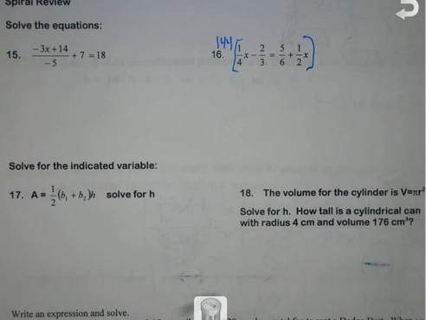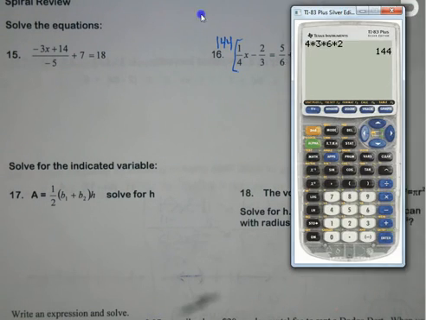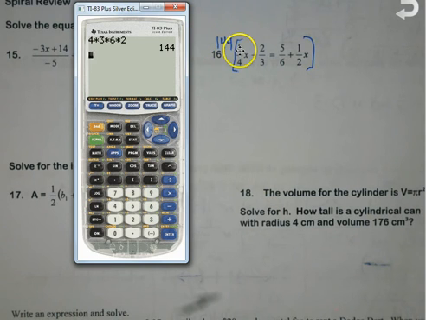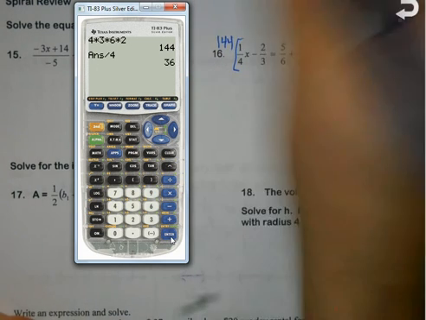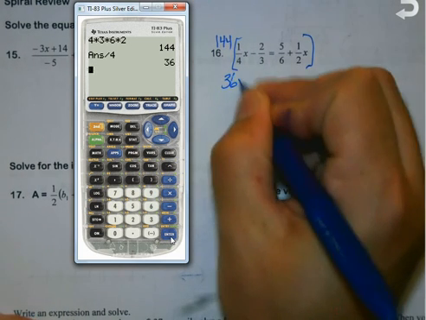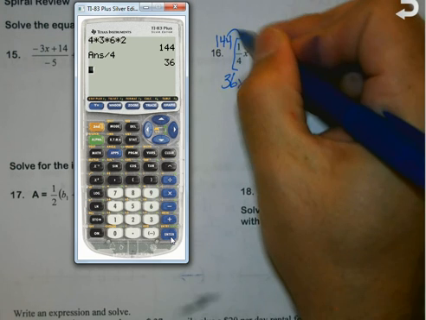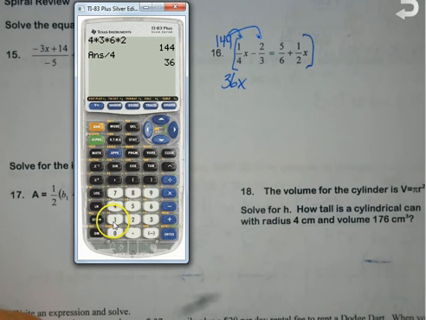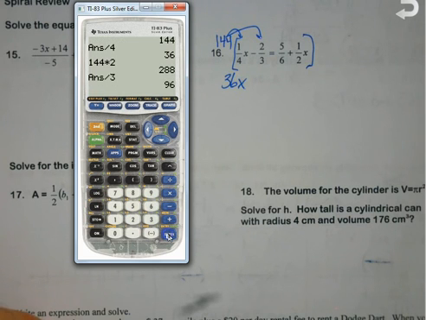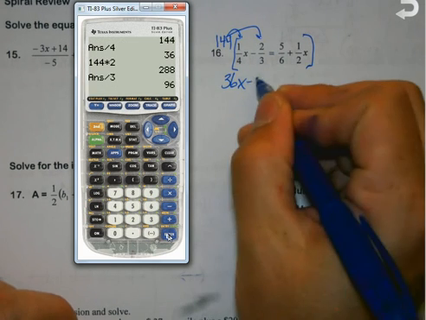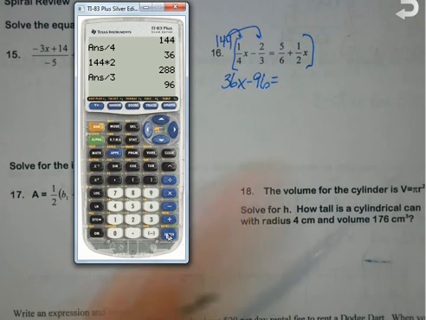So when I'm doing these, remember, all you do is you take this number times what's on top and then divide by the bottom. So 144 times 1 is 144. Divide by 4. So even if I'm using the calculator on one like this, it's not really going to take me that long. 144 times 2 divided by 3. Don't forget your signs. If there's a minus there, you got to take that with.